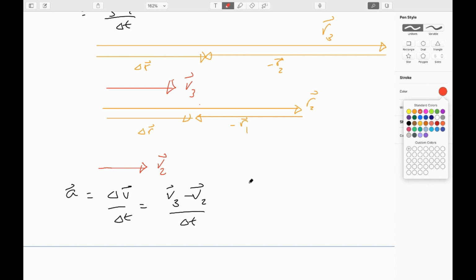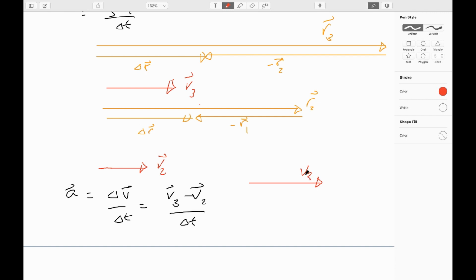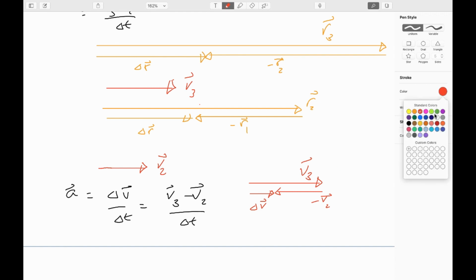So there's my V3. I will add to that negative V2. That gets me my delta V. And then since I'll be taking my delta V and multiplying by 1 over delta t, which is a positive number, my acceleration will be in the same direction and proportionate.